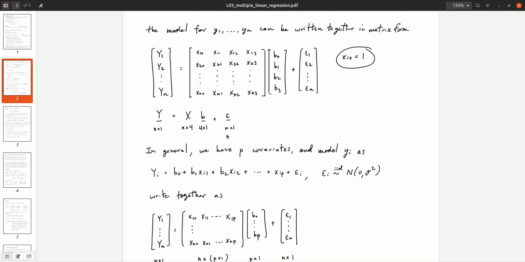n by 1 matrix. So let's check all of the dimensions of these objects to make sure this all works out. On the left side, we have an n by 1 vector. So whatever's on the right side also has to be an n by 1 vector. Let's look at XB. Can we multiply these together? The answer is yes, because X has 4 columns and B has 4 rows. The result is going to be an n by 1 vector or matrix. And we're adding to that an n by 1 matrix, epsilon.